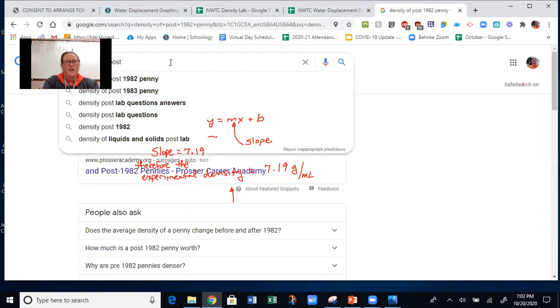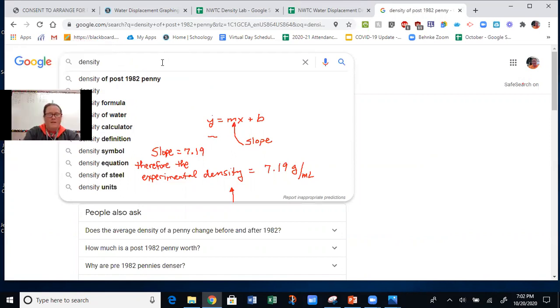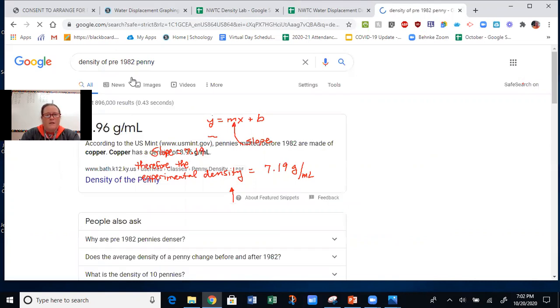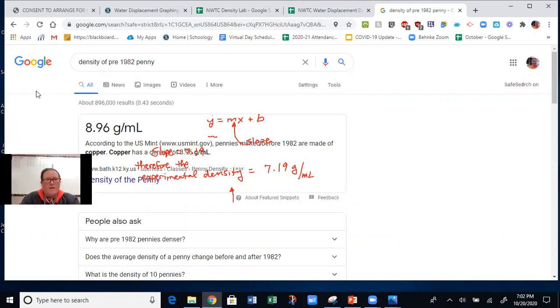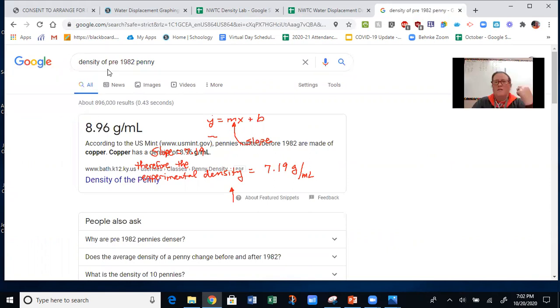These might have been pre-1982 pennies. They might not have even been pennies at all. Either way, I am not positive, so I'm going to use a pretend accepted value.